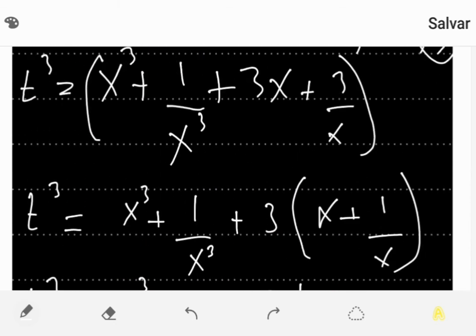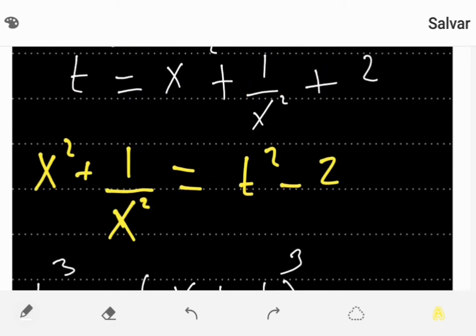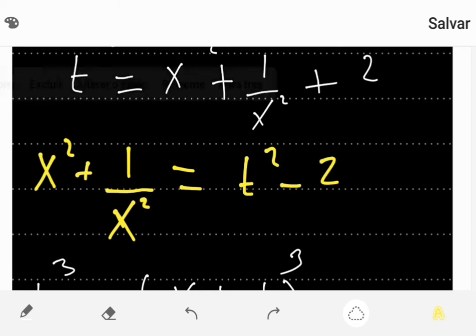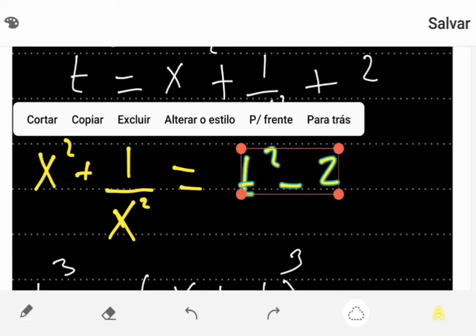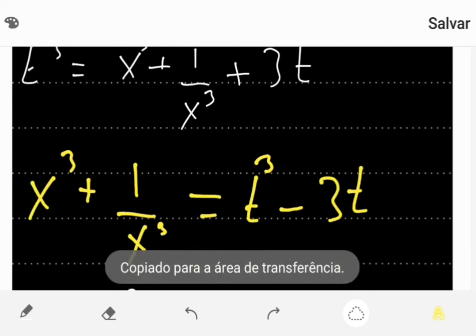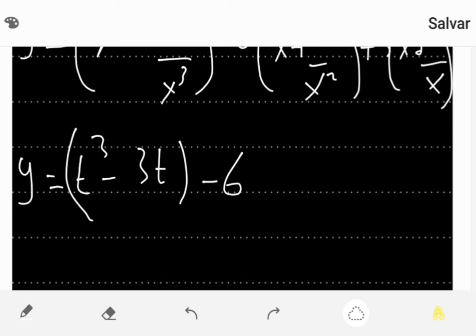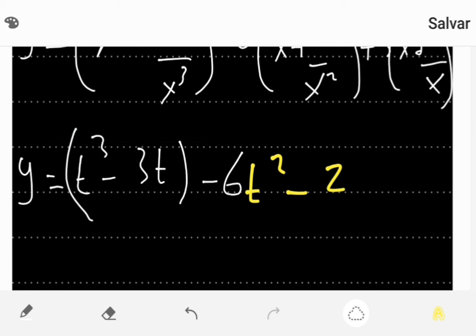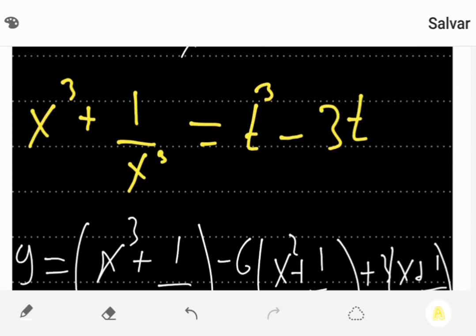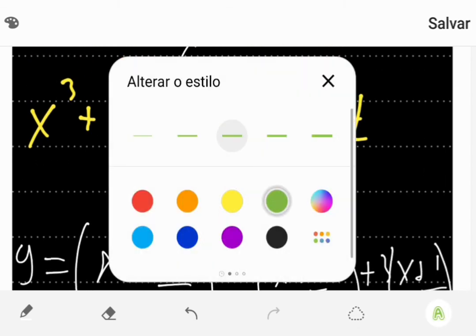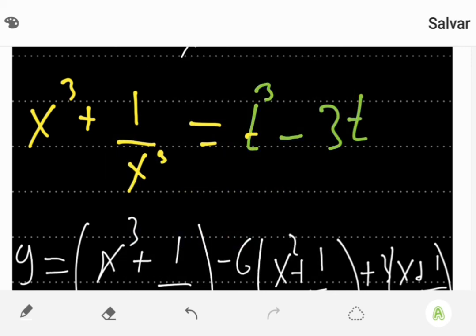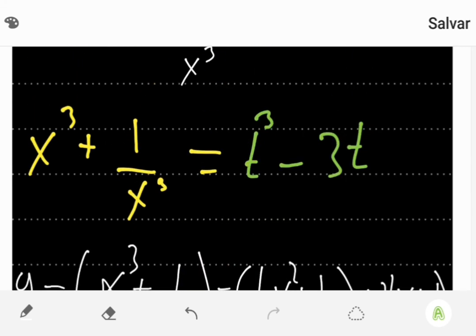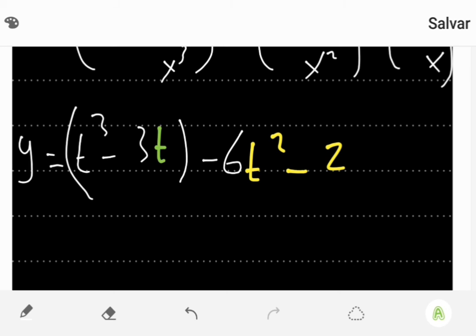But what is this term? It is this value over here. Let's actually copy paste it over here. It will come with the color, right? Yes. So let's put this in another color so that it can be stylish.